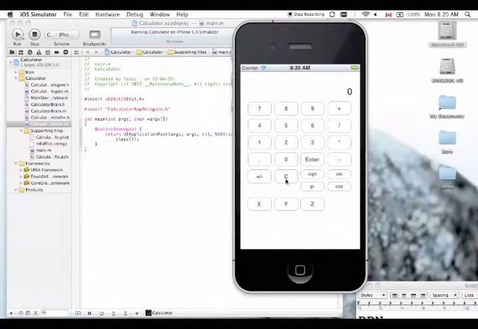Let's try some division, or multiplication. So 4 5 9 multiply, divide. That is correct. So that will be 4 divided by 45, which gives us this number. And let's now try some of the single operation buttons, like square root. So we have, say, 81 square root should give us 9, and we can then tie this with other operations.